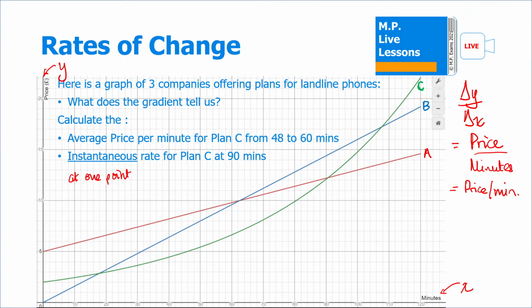This is where you have to draw a tangent. Now, we'll do this first. This is the average price per minute change for plan C from 48 to 60 minutes.